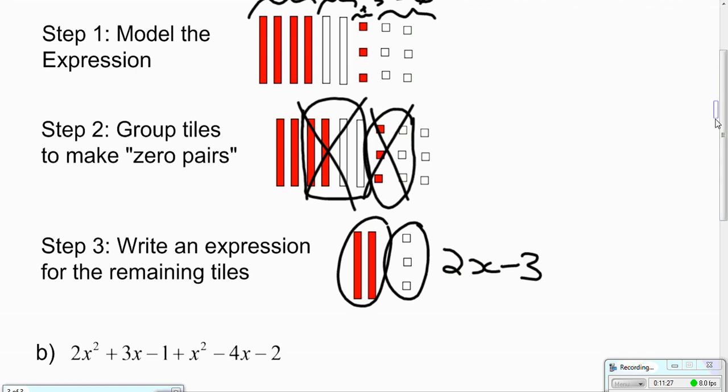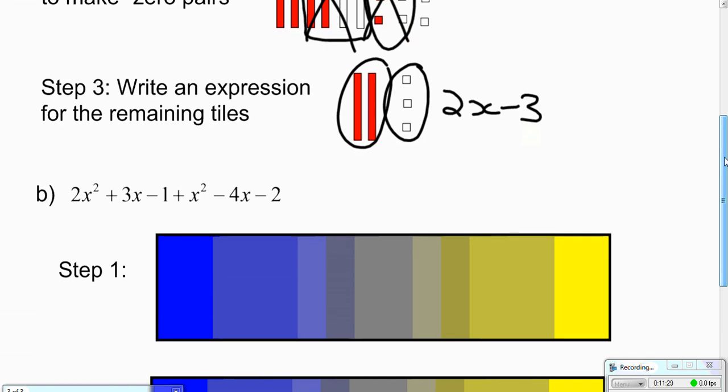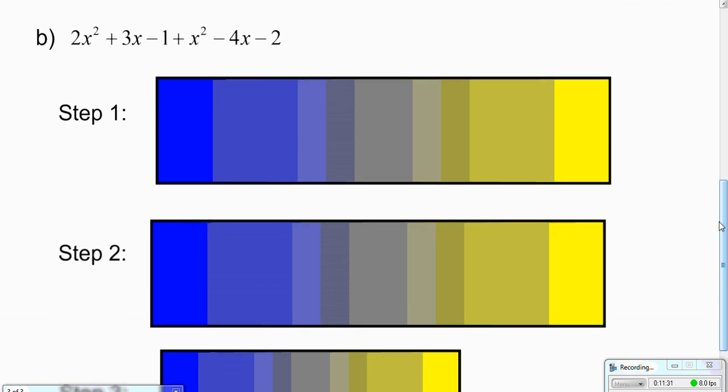So for b, I would like you to do the same thing. So take a second, pause the video, sketch it out. Remember the difference between x squareds and x's. If we separate it into the terms, 1, 2, 3, 4, 5, 6 terms, so you should have 6 different little groupings that you build, and then we're going to organize them.